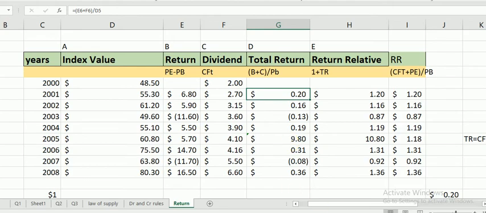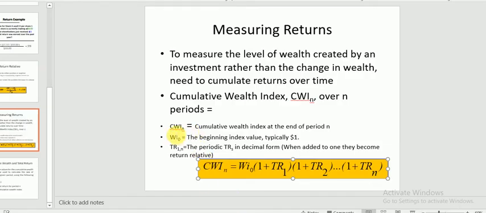Now look here. I would like to explain the elements of the formula, then we will move towards the calculations. CWIn means: C stands for cumulative, W stands for wealth, and I stands for index.